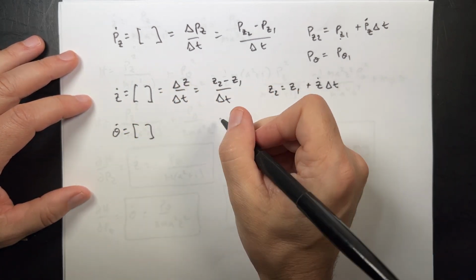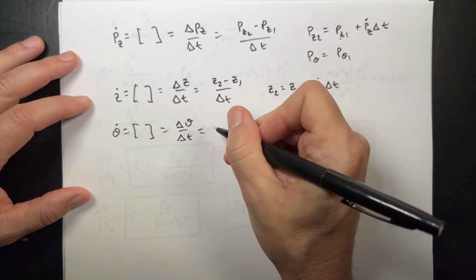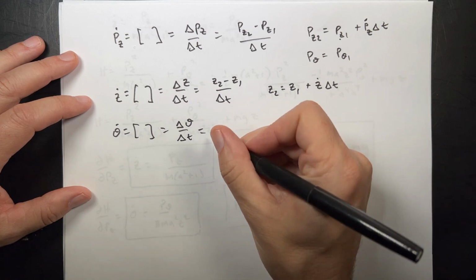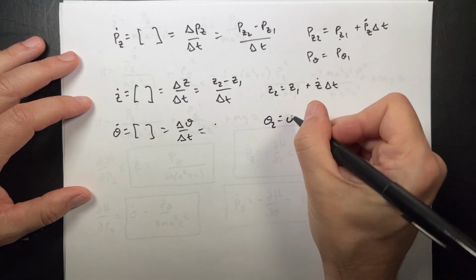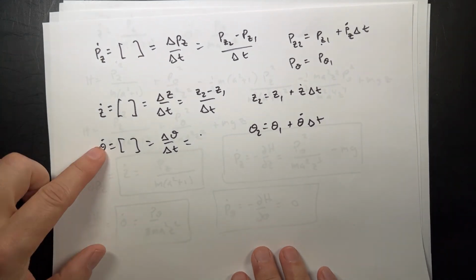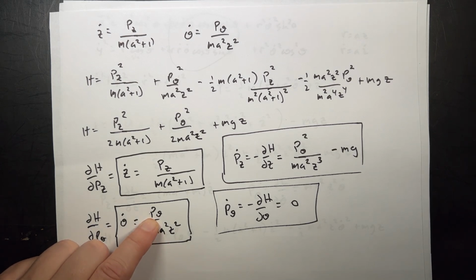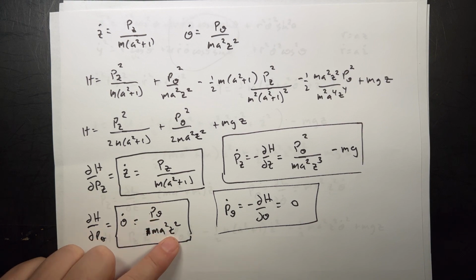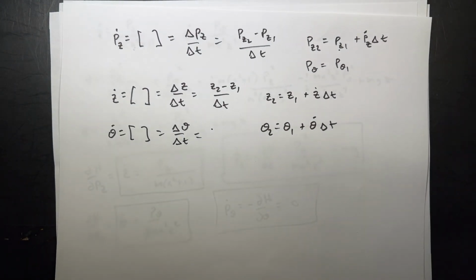Once I know theta dot, I can say that's delta theta over delta t, so I get theta 2 equals theta 1 plus theta dot delta t. And so I calculate theta dot with this. And you notice that even though p theta dot is 0, p theta is not 0, and z is not 0, so that does change. And then I do the whole thing over again.